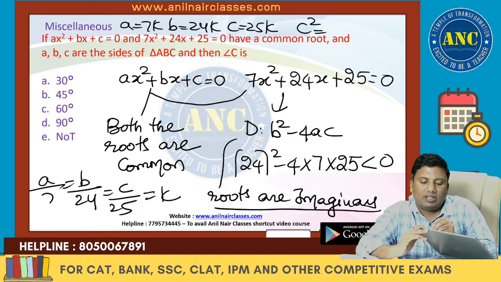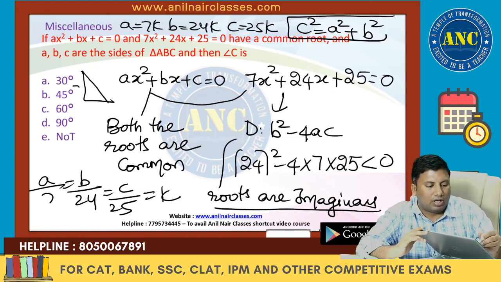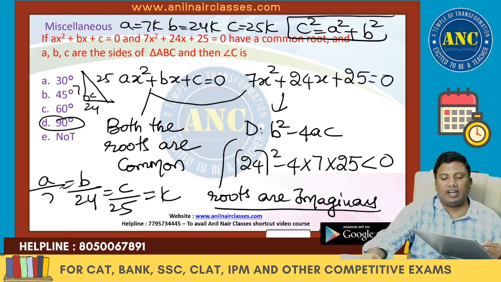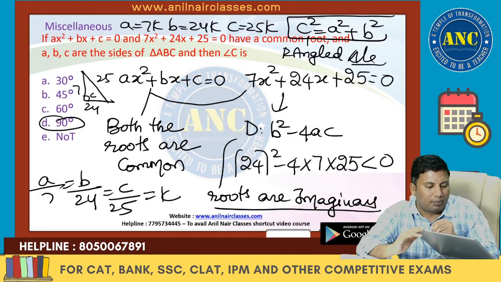It is satisfying the Pythagorean triplet, c square equivalent to a square plus b square. So angle C value is 90 degrees. It is satisfying the right angled triangle property.